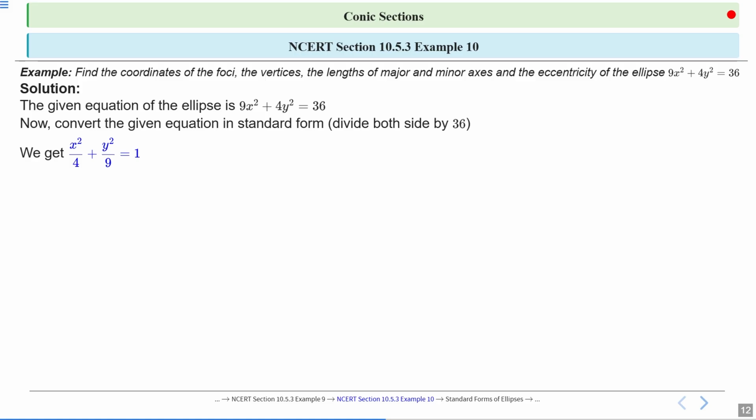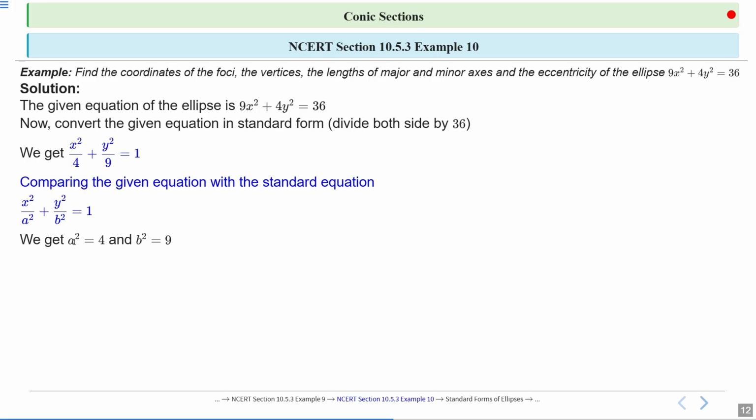So now compare the given equation x square upon 4 plus y square upon 9 equal to 1 with the standard equation x square upon a square plus y square upon b square equal to 1.